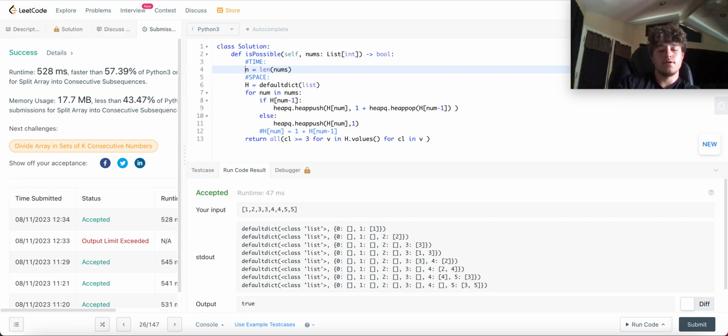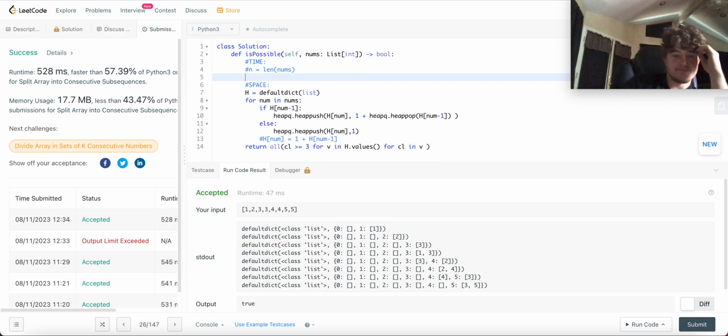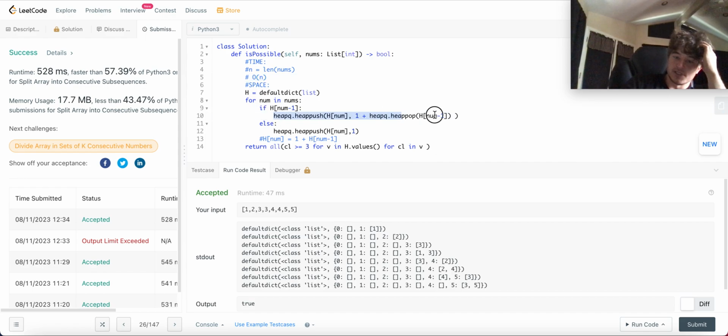All right. We have to look at all n numbers, right? So I'm going to look at all O of n numbers. And for each of the n numbers, I'm going to have to push to one of the subsequences and pop from one of the subsequences. And the subsequence could be at length n, right?